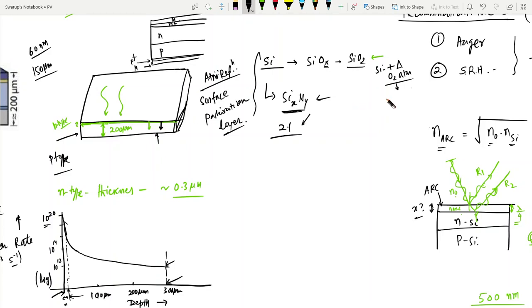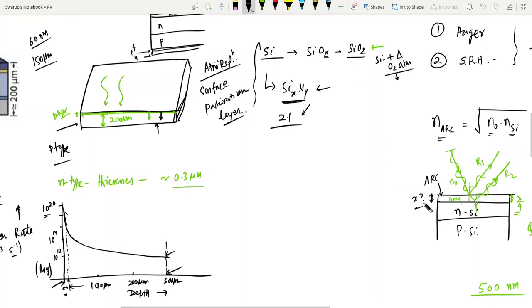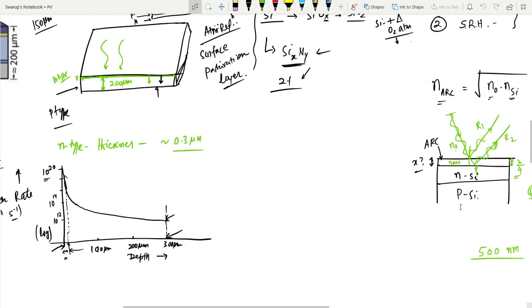Got it? So you put the wafer inside an oven, at a specific temperature and duration, because this thickness has to be controlled. We cannot grow very thick. You have seen that roughly it is 60 nanometer, right?